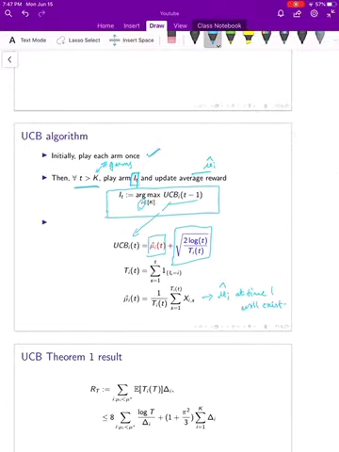Here the capital T_i(t) is defined as, I mean, the interpretation of this term is how many times you have selected arm i from time 1 to t, the number of times arm i is selected.